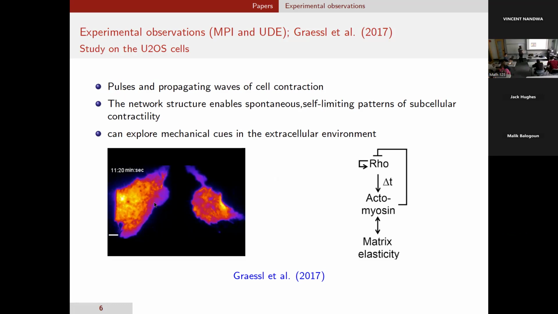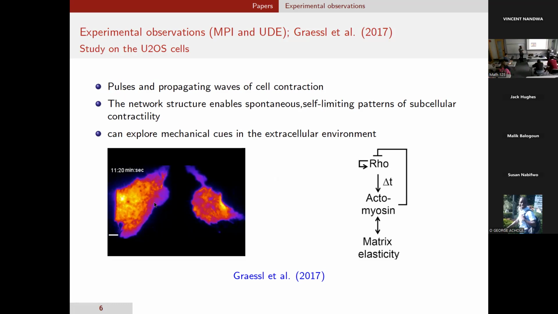Myosin 2A inhibits Rho by inhibiting GEF-H1, and myosin 9B acts as a GAP for Rho, so it inhibits Rho directly. They showed that the coupling of this network and matrix elasticity can explain this propagating process of cell contraction. So the focus here was to develop models to describe this behavior, the Rho-myosin interaction.